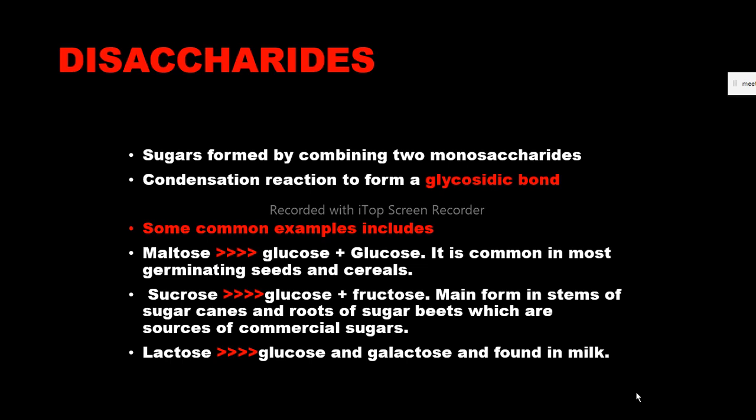With carbohydrates, we saw that they can be classified into monosaccharides, disaccharides, and polysaccharides. And we saw monosaccharides and the different examples, where they can be triose sugars, pentose sugars, and hexose sugars.